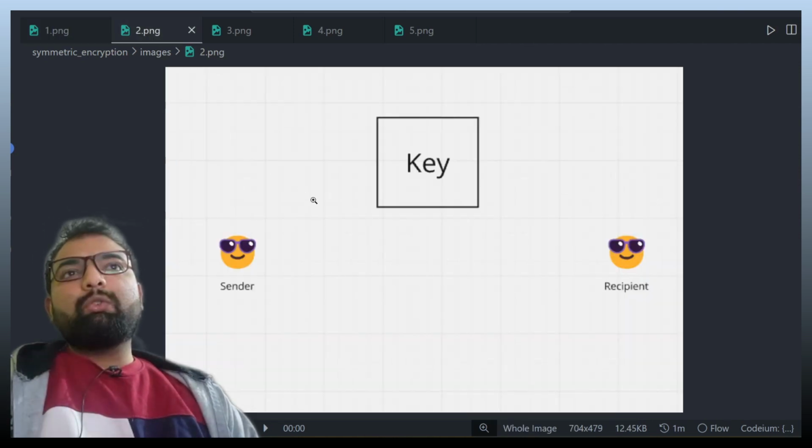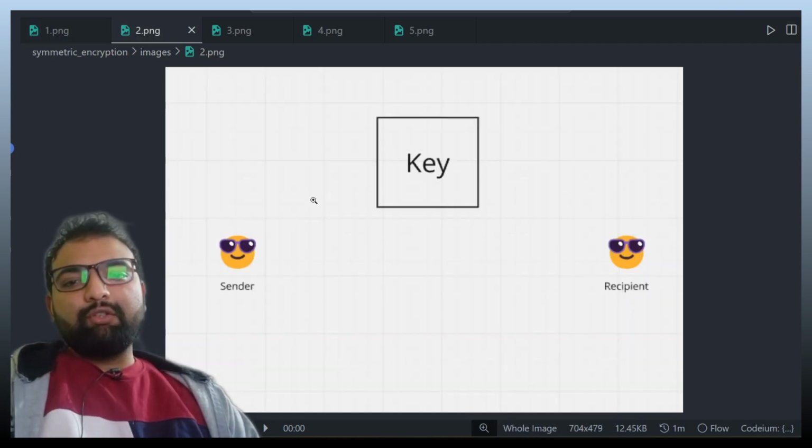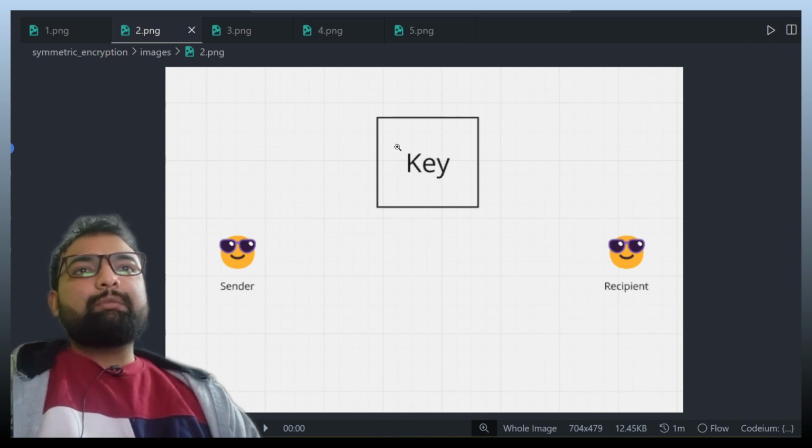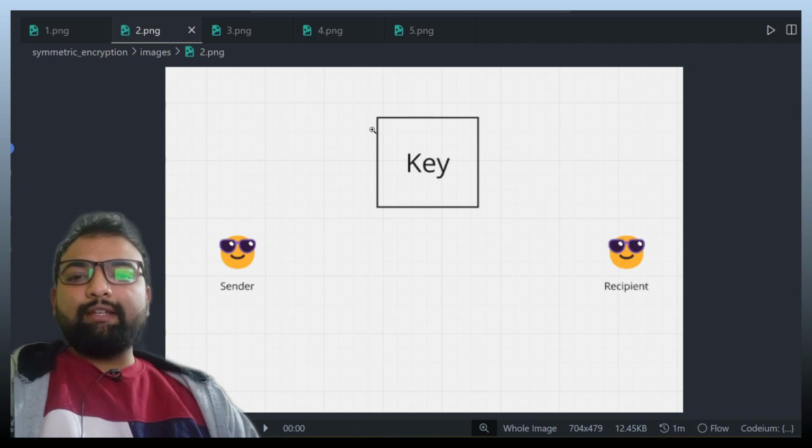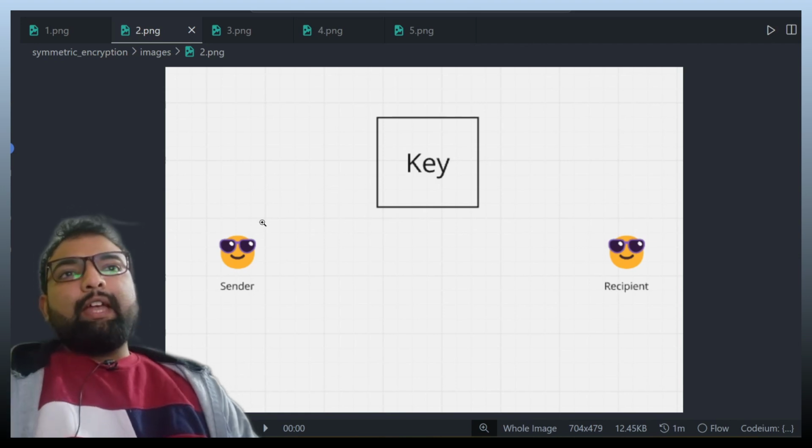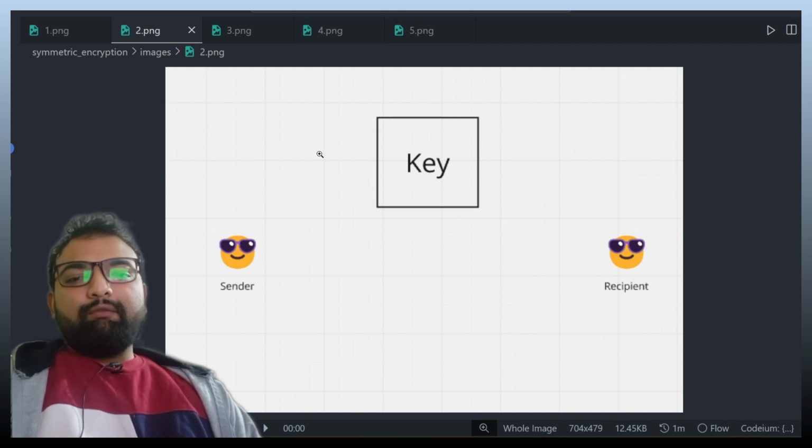So how does symmetric key encryption work? In symmetric key encryption we have only one key, and that one key is used for both encryption and decryption. The sender will have their plain text message and will use an algorithm with the help of this key and convert the plain text into ciphertext.